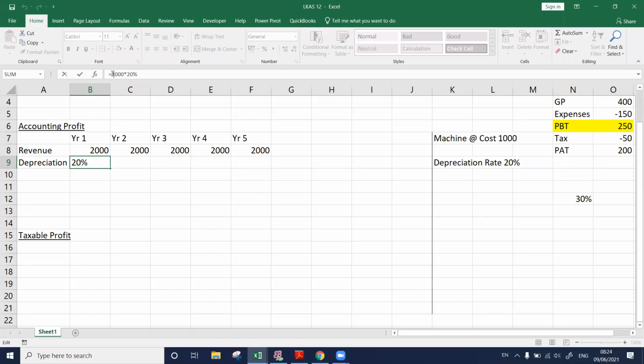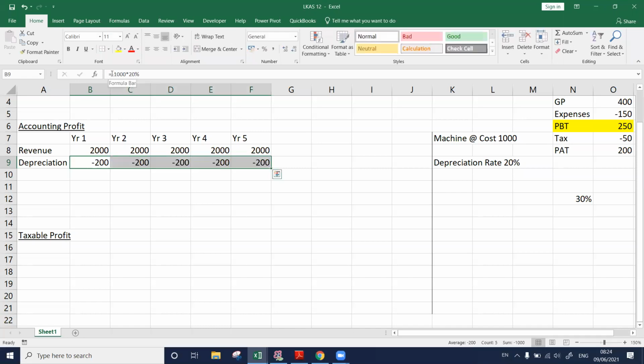The depreciation expense of this asset is allocated over the five years in this way. Year 1, the depreciation expense would be 200, again 200. For the whole 5 years, the depreciation expense would be 200. Assume that is the only kind of expense we are having with this particular company. Therefore, what will be the profit before tax figure?